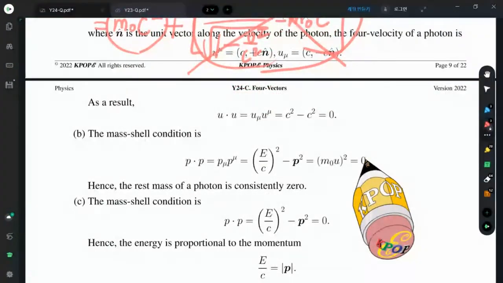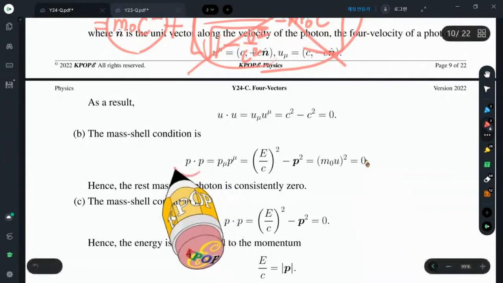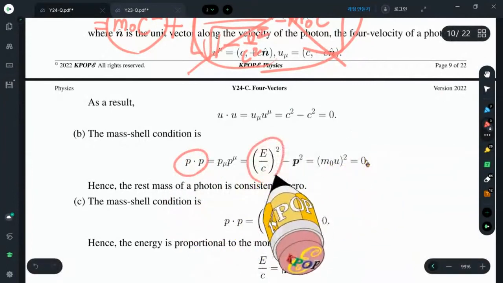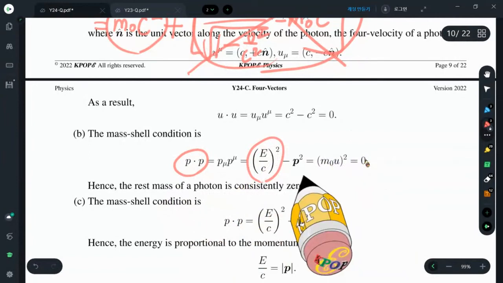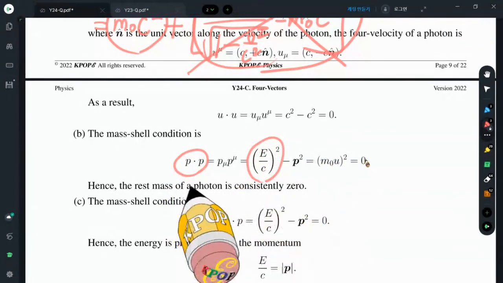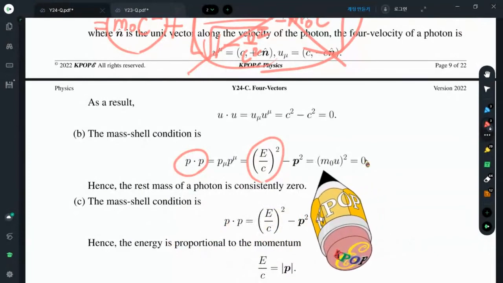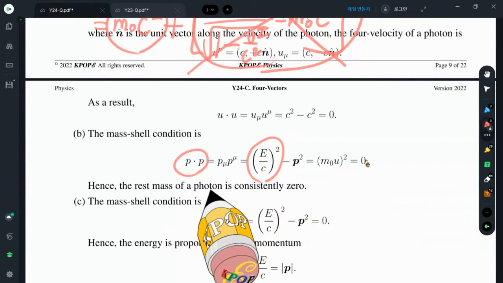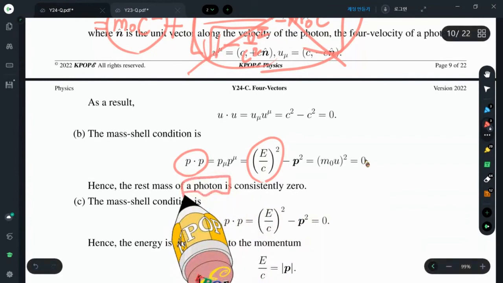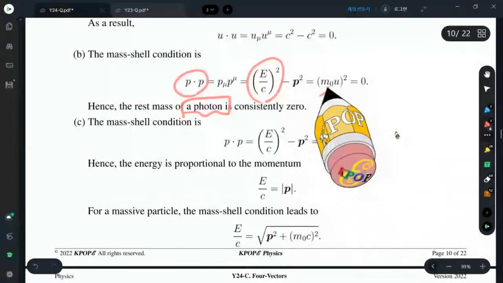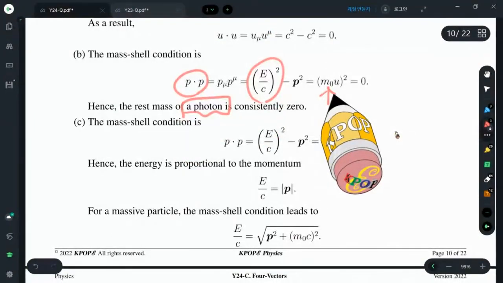Finally, we have that E over c squared subtracted by the momentum squared is m0 c squared. For a photon, the rest mass is 0. Why?